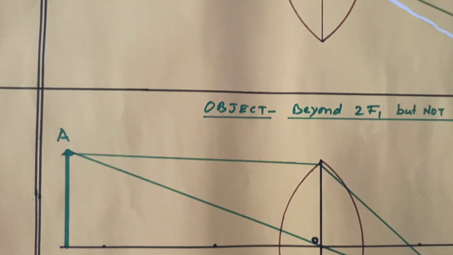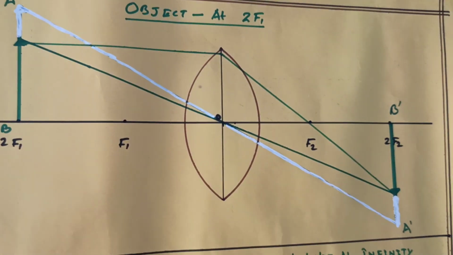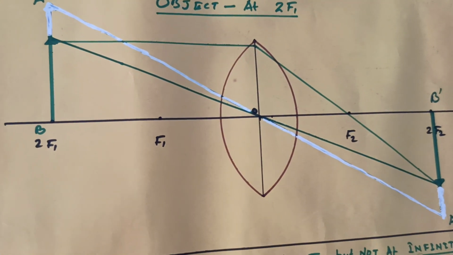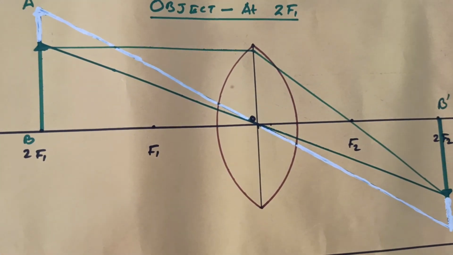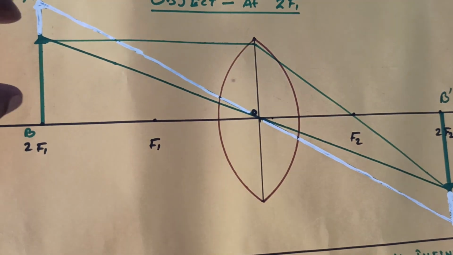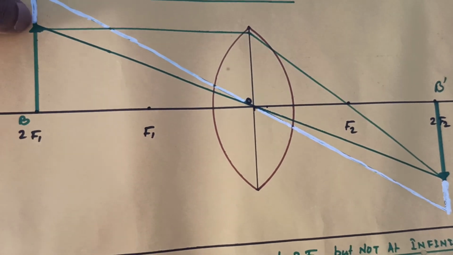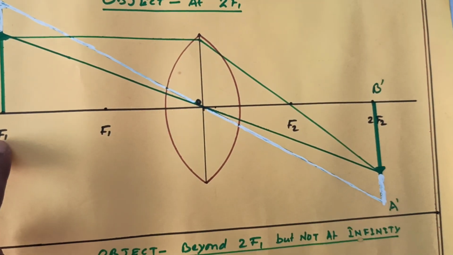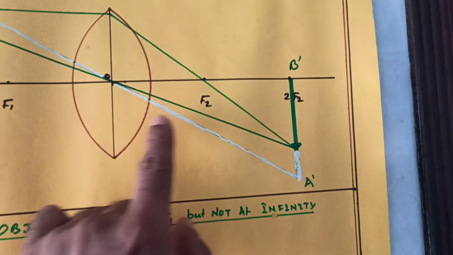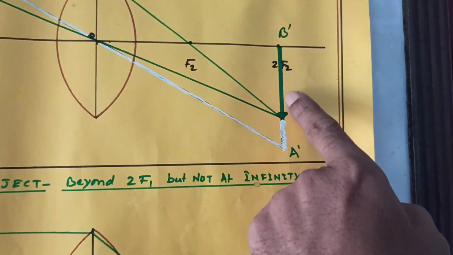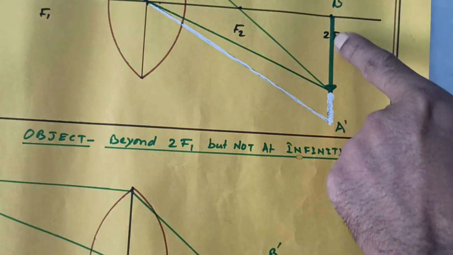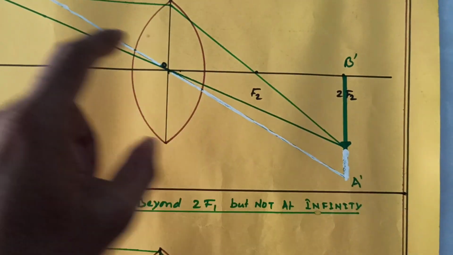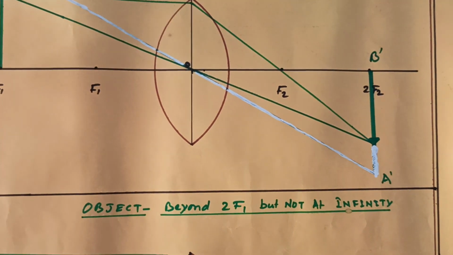Now we'll go to the third point. In our third point, you can see this is the figure. Object at 2F1, that means the object is placed at 2F1.